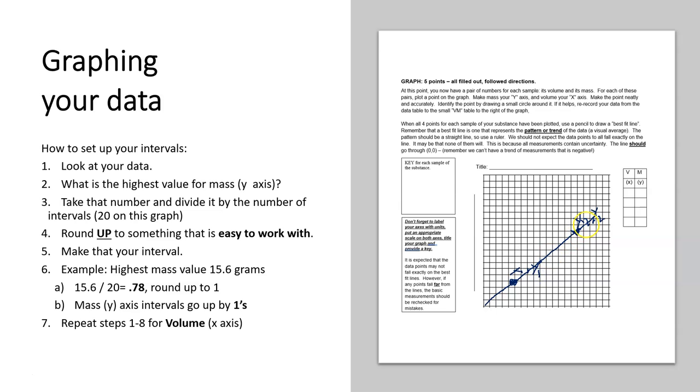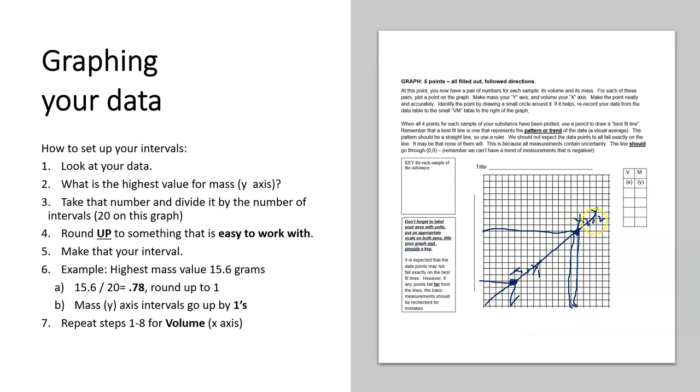Basically I trace over my line to the y-axis, and then I trace it down to the x-axis. That is so not straight. There we go. Hopefully you're getting the idea here. This is my rise, and this is my run.